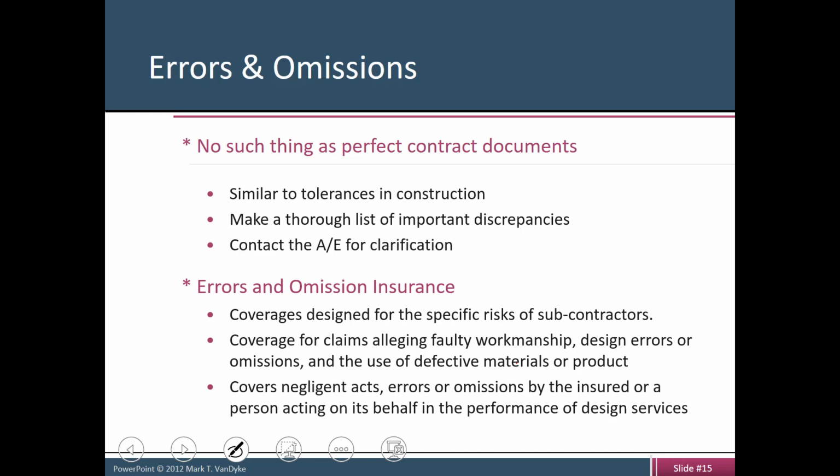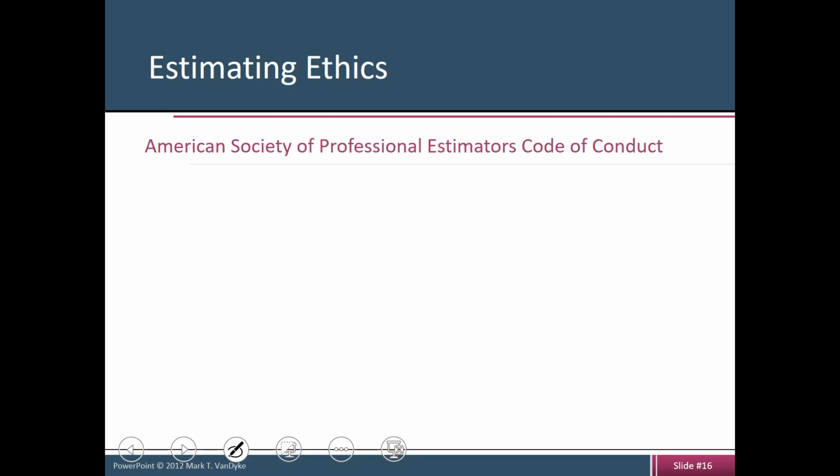There's an insurance, by the way, that would insure you and cover especially the design for subcontractors, for any faulty workmanship and stuff like that. But it's going to be very pricey. I mean, we all know that insurance is just designed for the insurance company to make money. So be mindful of what's going on as far as that.